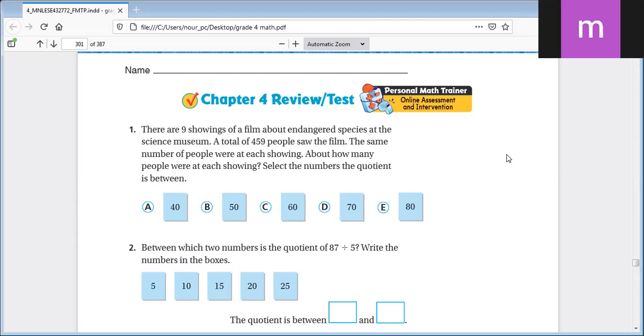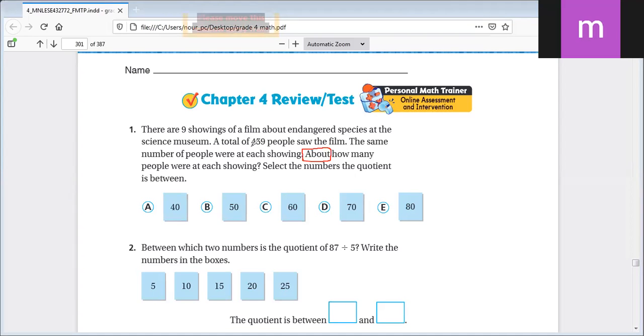If you see the word quotient, of course you will do division. And here as well, a very important word: about. So you have to round. Okay, Saad? 459.